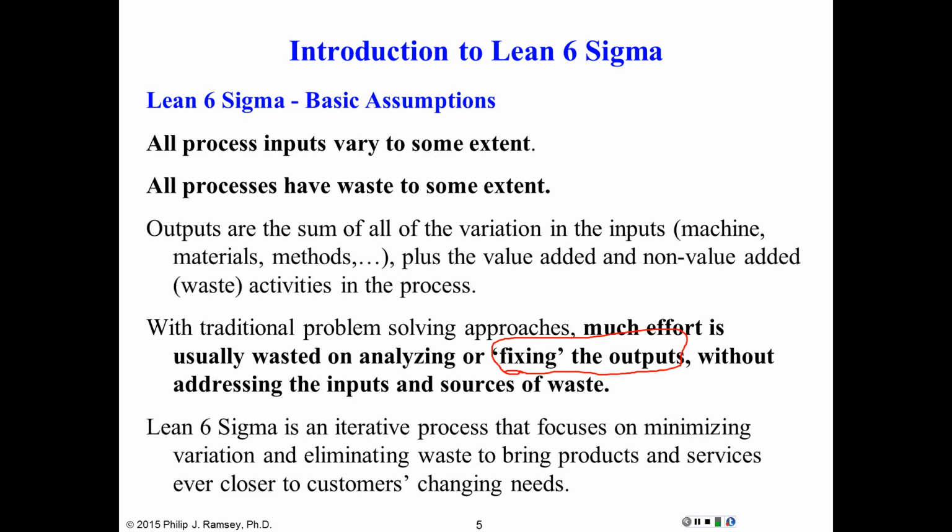So basically in Six Sigma, we think of the behavior of the outputs as nothing more than a result of the behavior of the inputs and the processing steps. So to really improve quality, we don't focus so much on the outputs, we focus on the root causes in the system, and we fix those. So basically, Six Sigma, and often Lean is added to it, is a process by which we're going to try to find the sources of variation in poor quality.